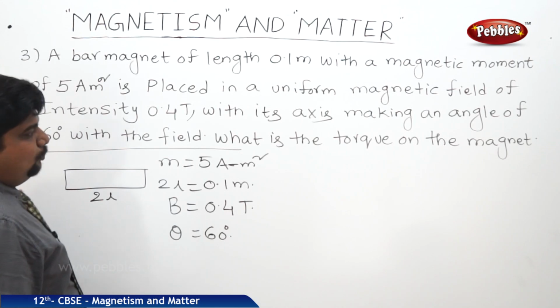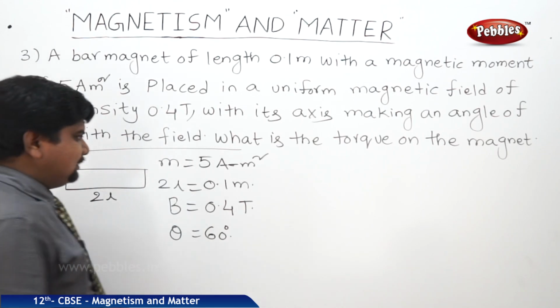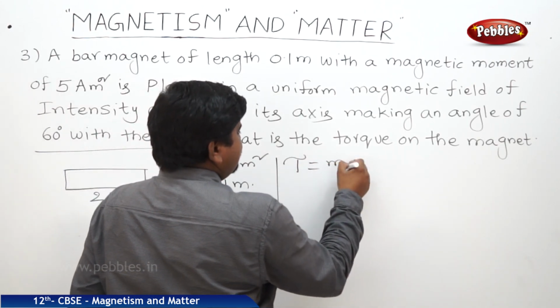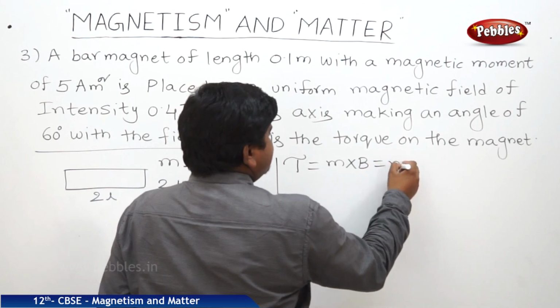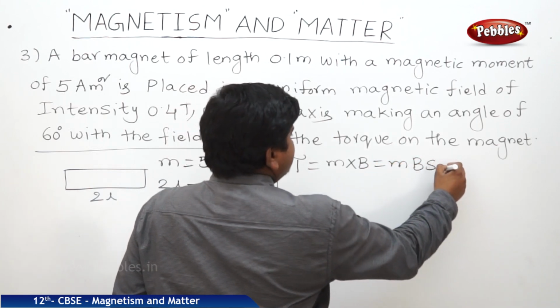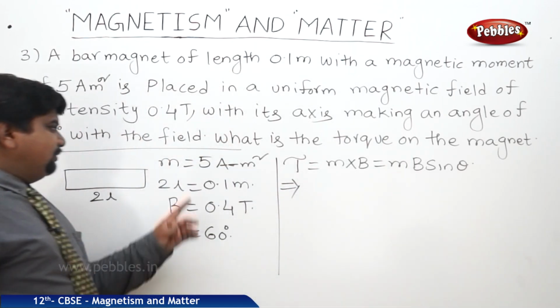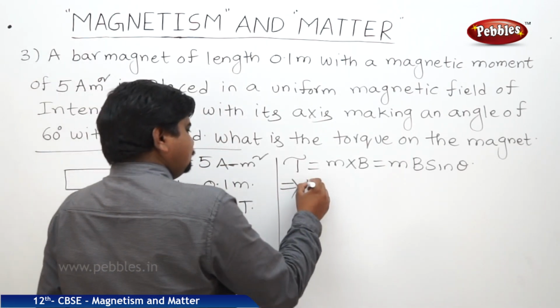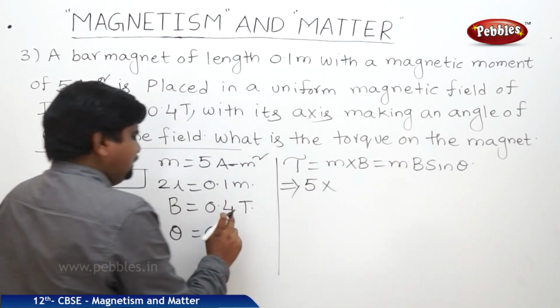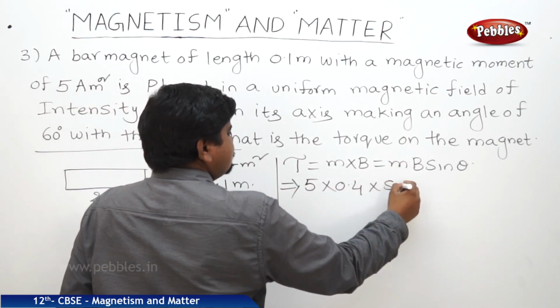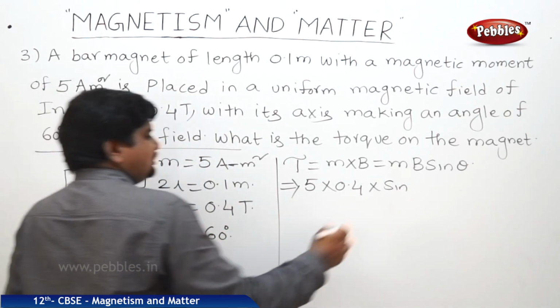With the field. What is the torque on the magnet? So torque is M cross B, that is equal to MB sin theta. M is 5, B is 0.4, into sine. The angle between them is 60 degrees.